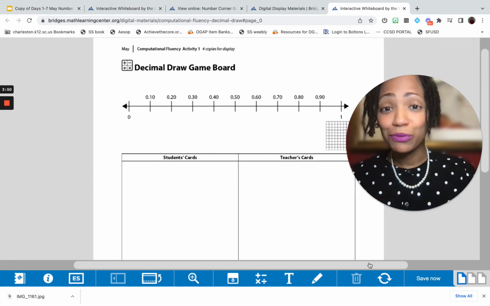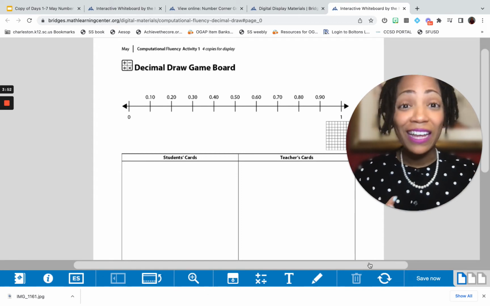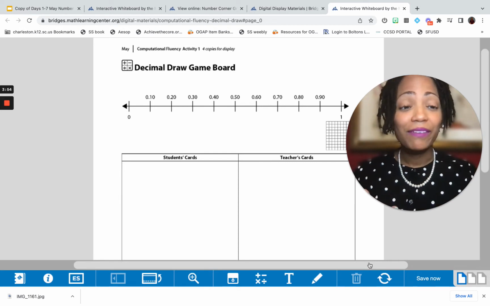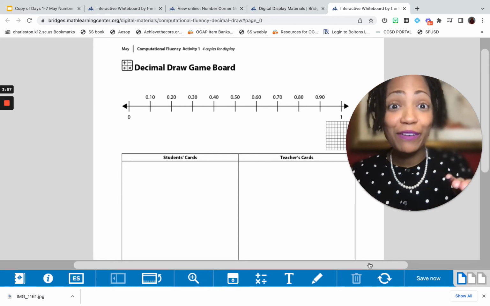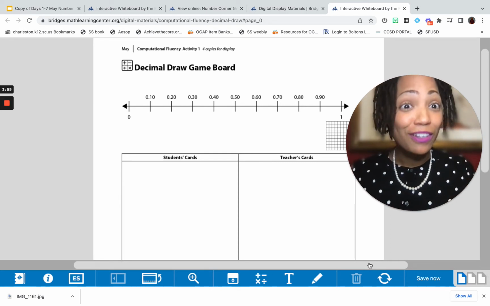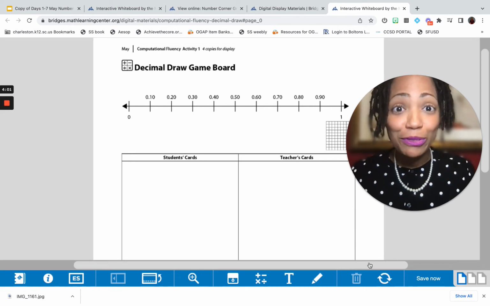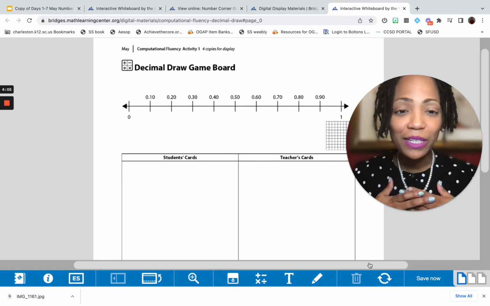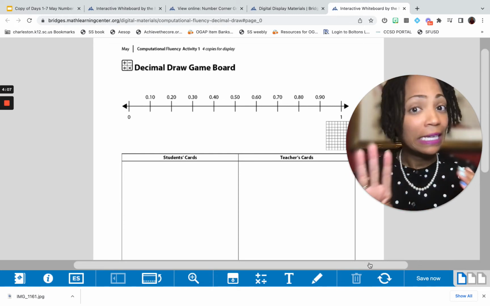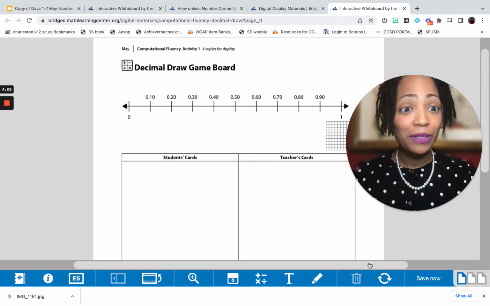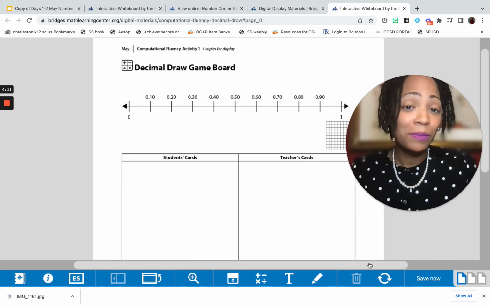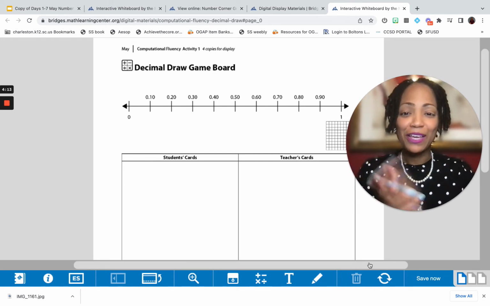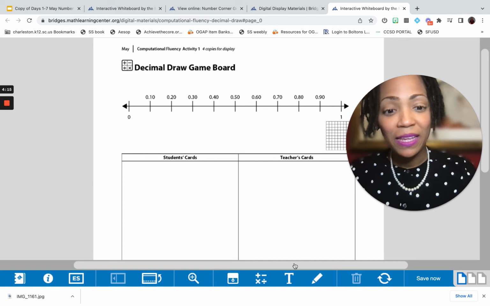That's going to help us review our standard of being able to write a fraction that has a denominator of 10 as a fraction with a denominator of 100, and to be able to equate that to a decimal. So that's what we're going to do. We're going to take 4 turns each, and then we're going to add up our total to see who has the biggest number, and whoever does wins. So are you ready?